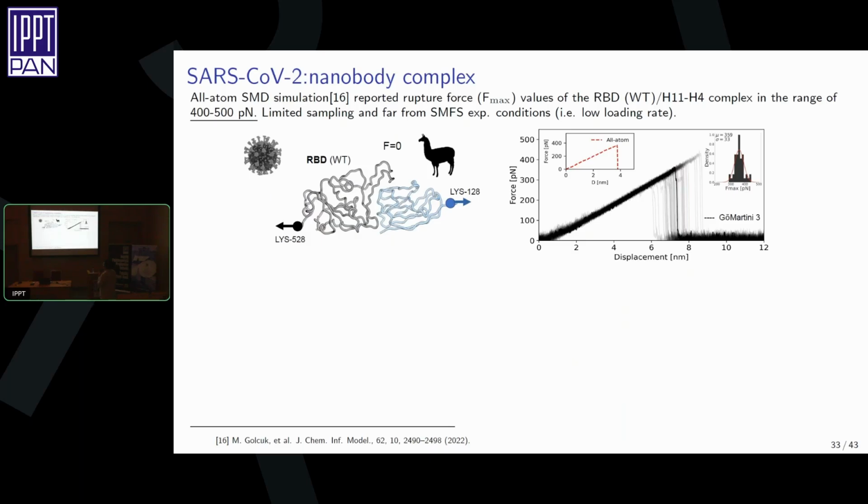And this is the receptor from the spike protein. So the profile of force over displacement, in the case of all atom, looks pretty much like this, yeah. And there were few trajectories, because once again, you need to make these simulations and you don't have enough computational power. So you run, let's say, 20 runs or even less.